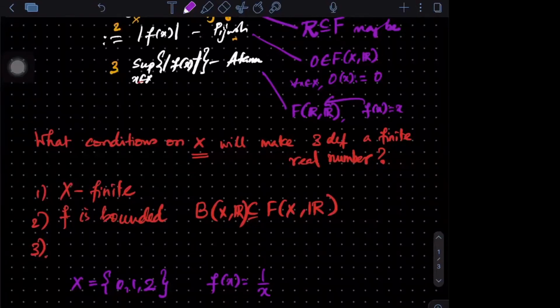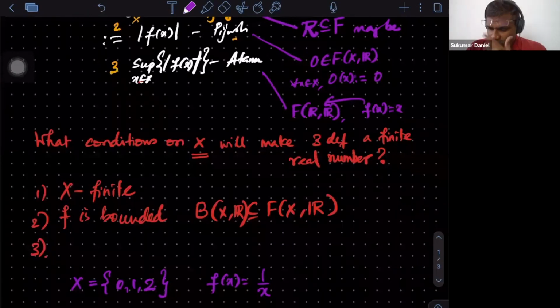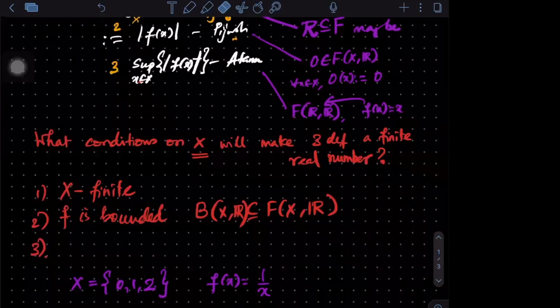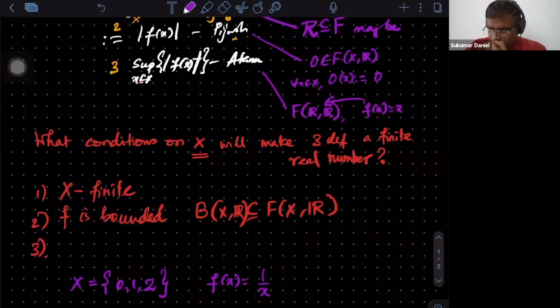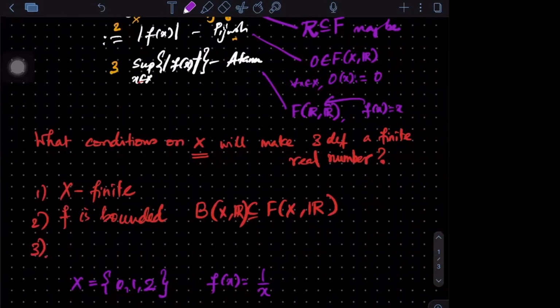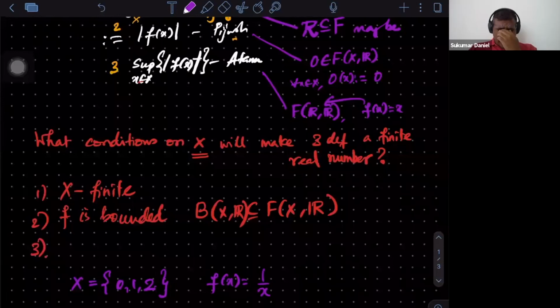Yeah, exactly, it's not defined. So you have not given the function. If you give the function on finite sets, it has to take finite values and then it will work out. 1 by x is not a function defined on R, because at 0 you have to tell what the value is. At every point, the function has to be defined. Otherwise, it's no more a function. Okay.